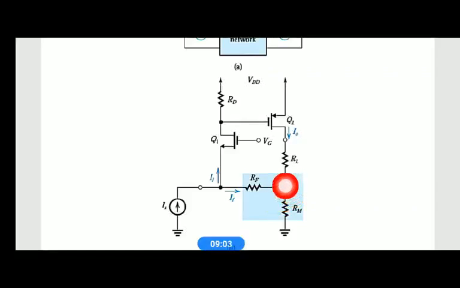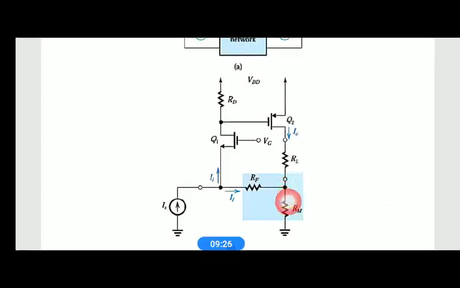Why? Because the voltage at this point is reduced. We know that if the potential at this point is greater than the potential at this point, then the current flows from this to this, which is IF here, right?